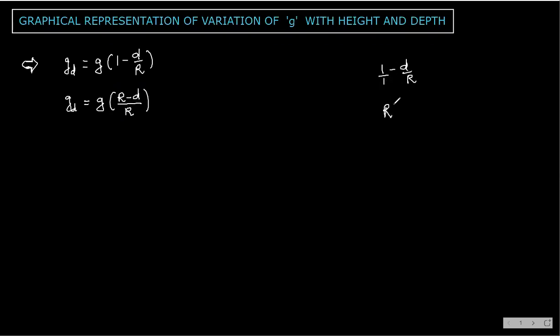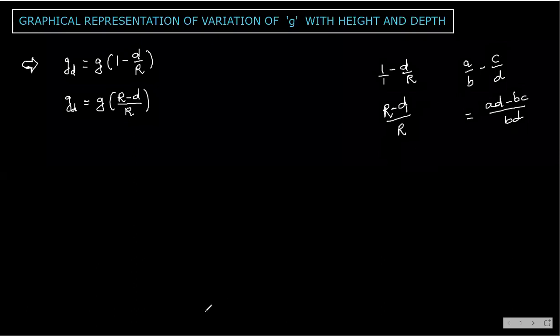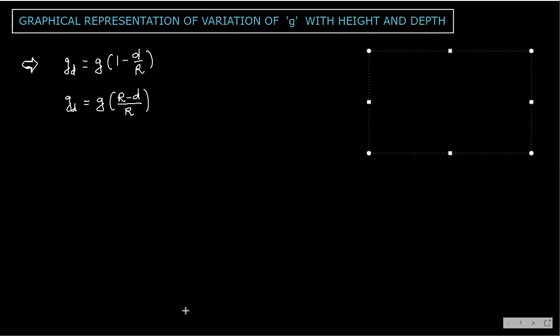Cross multiplication: R into 1 is R, minus 1 into d is d, divided by 1 into R is R. This is same like a by b minus c by d, which is equal to (ad minus bc) divided by bd. Understood? Clear? Good.